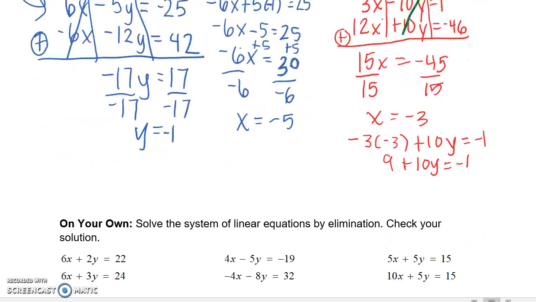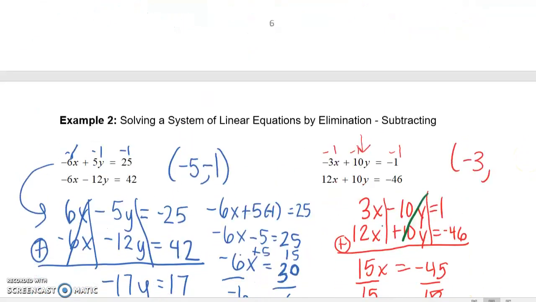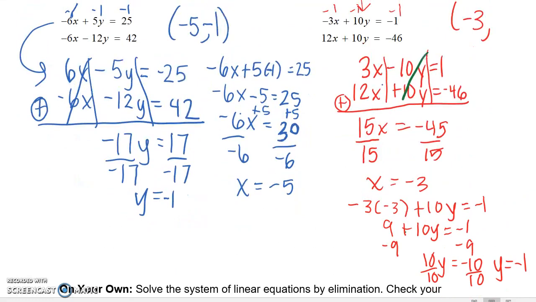I'm running out of room a little bit. So subtract 9. 10y equals -10, and divide by 10. So y equals -1. I'm going to scroll back up and put this into my answer.